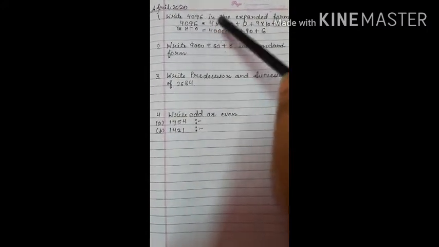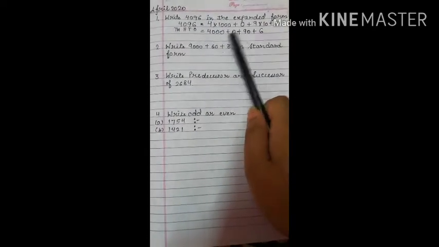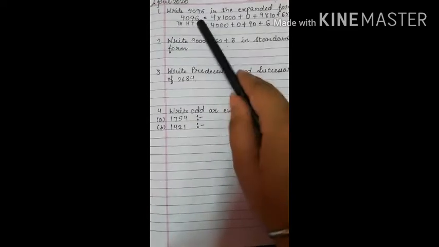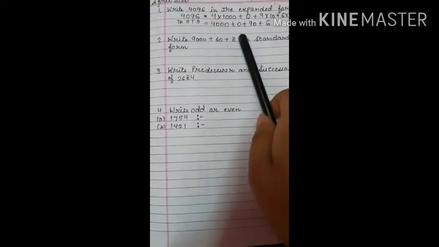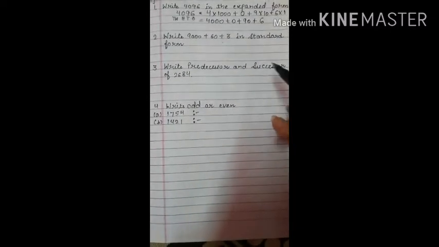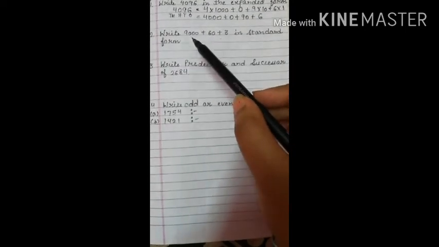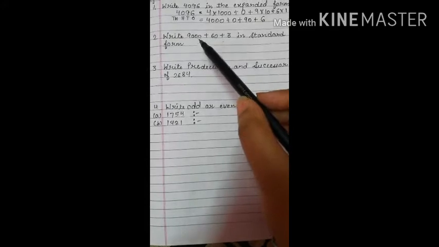Now here you can see that you have written this number in the expanded form like this: 4000 plus 90 plus 6. It is the sum of the place values of all the digits in the number except 0, because the place value of 0 is always 0.